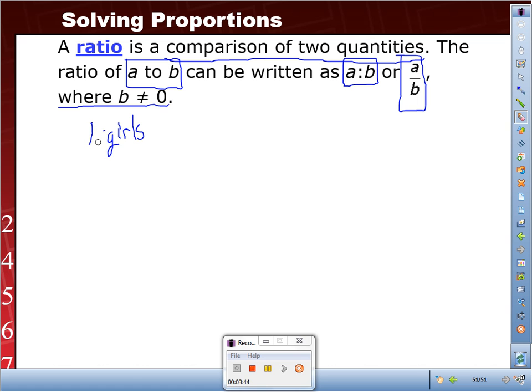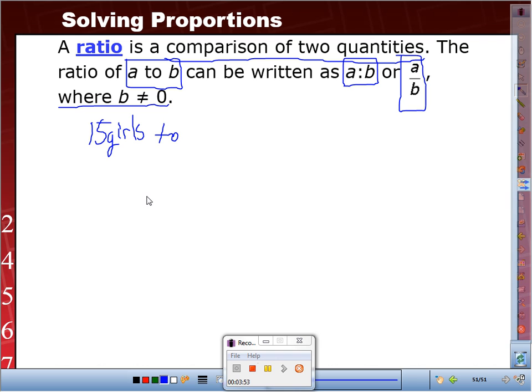Okay, 15 girls to how many boys? 1, 2, 3, 4, 5, 6, 7, 8, 9, 10. To 10 boys. Well, guess what? This is a ratio. Did you tell yourself, I'm not a boy?